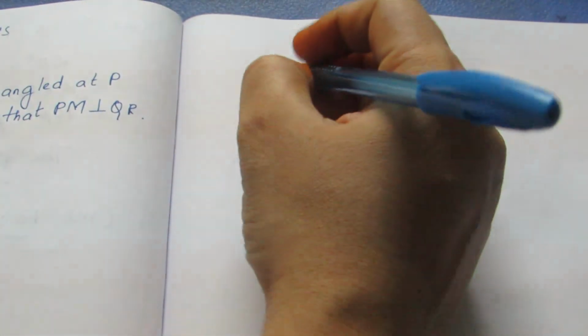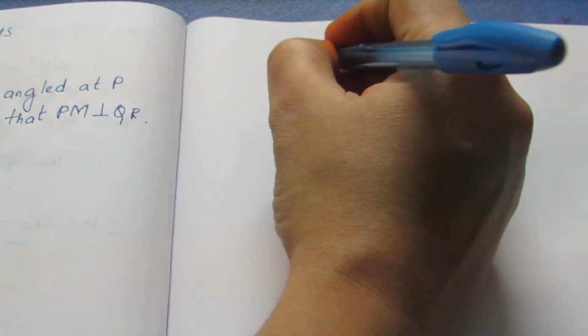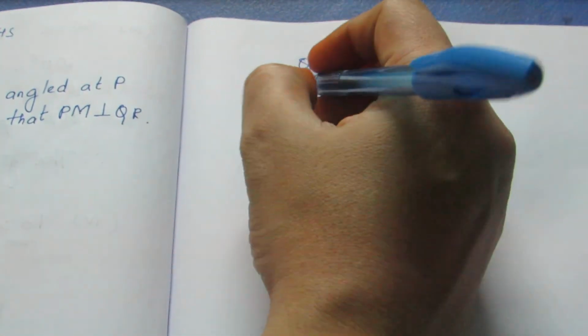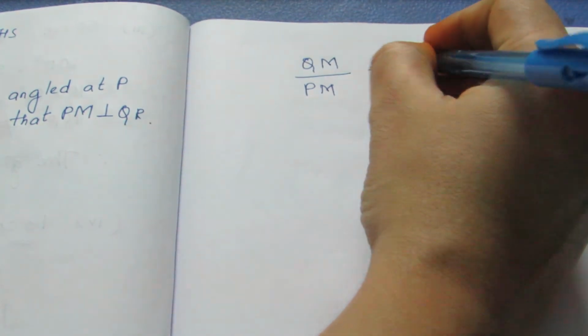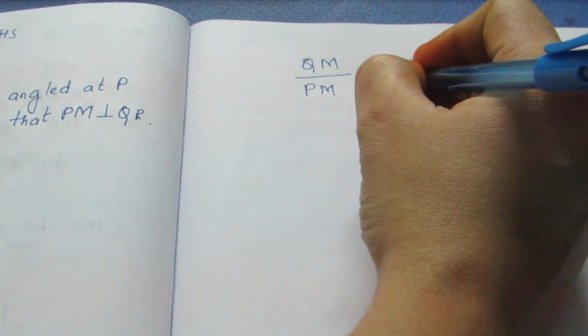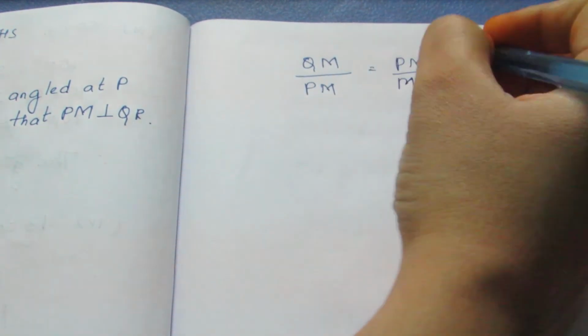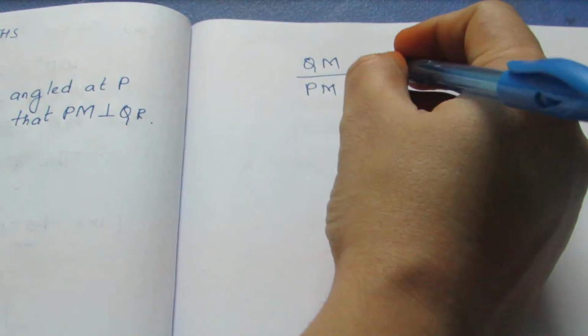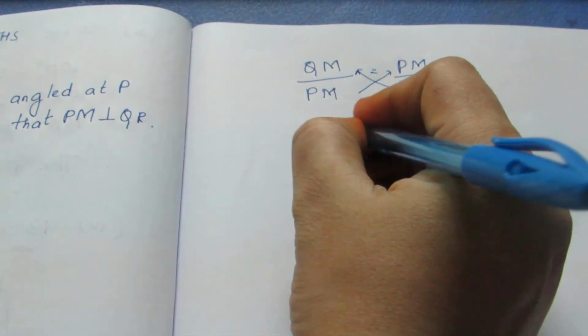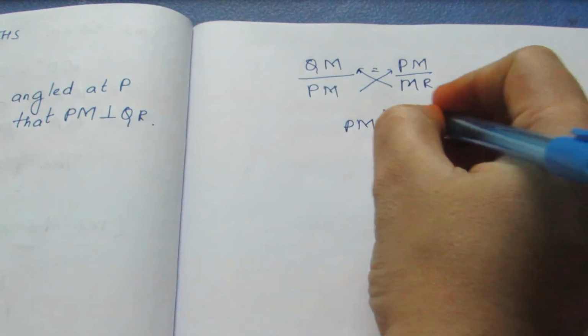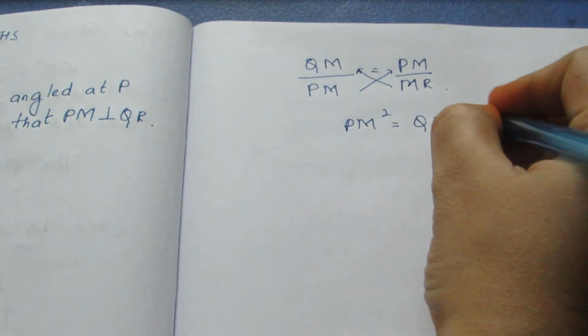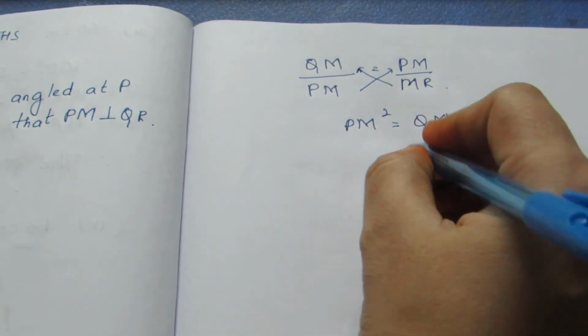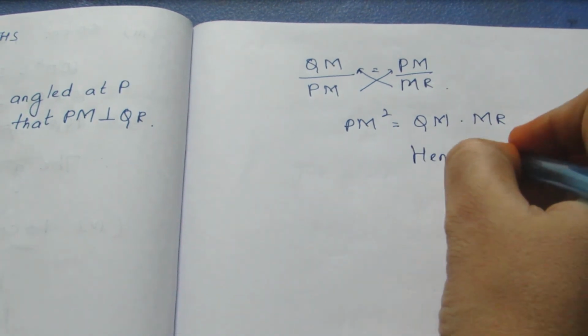Writing according to the order they have given, QM by PM is equal to PM by MR. Now cross multiply both, this becomes PM square is equal to QM into MR. This is what we needed to prove, so hence proved.